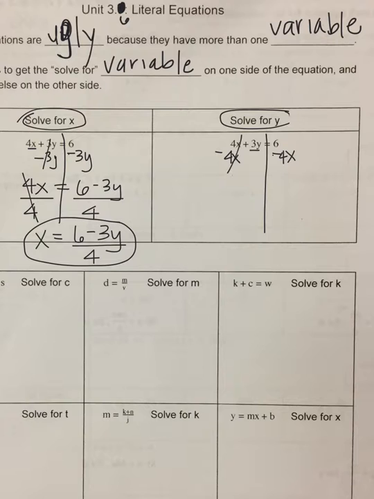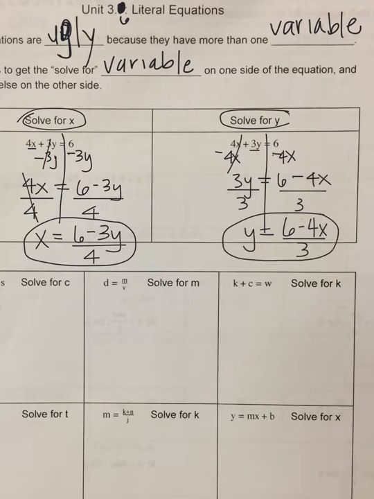Again, I can't put that 6 and the 4x together, so I just have to write 6 minus 4x. Same thing, divide by my 3. Y equals 6 minus 4x over 3. That's ugly, but that's the answer.